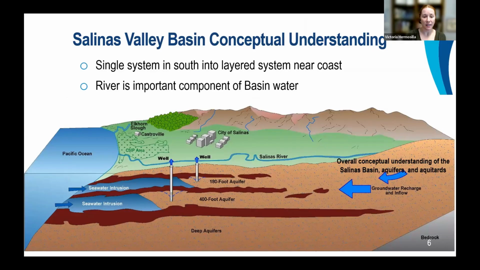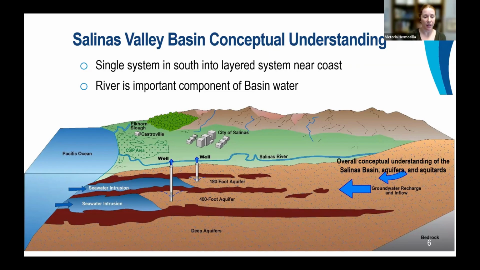So this is the beginning of our conceptual understanding, the Salinas Valley Basin conceptual understanding shown here on the screen. I want to point out that on the right side of this image here, or towards the south, there's a single basin system. And then as we move to the north, it turns into more of a layered system near the coast.